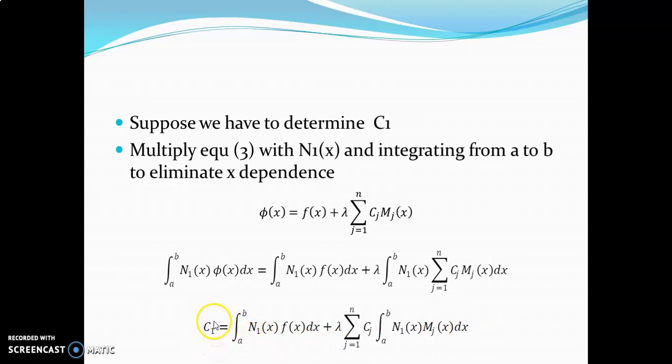So similarly, Ci's can be written as integral a to b, instead of 1, we have to put i's. So integral a to b ni of x f of x dx plus lambda summation j goes from 1 to n cj into integral a to b ni of x into mj of x dx.